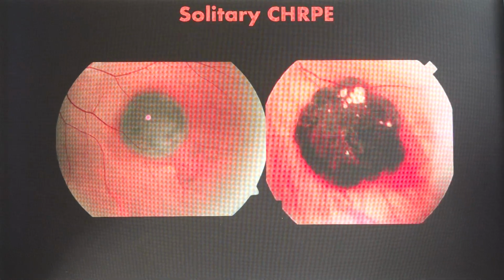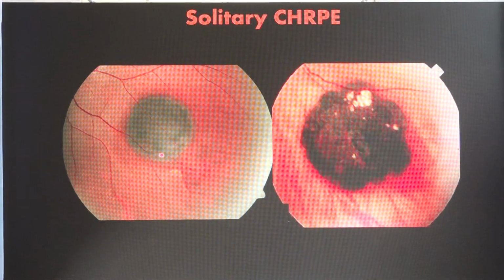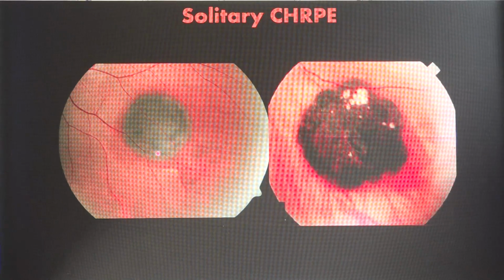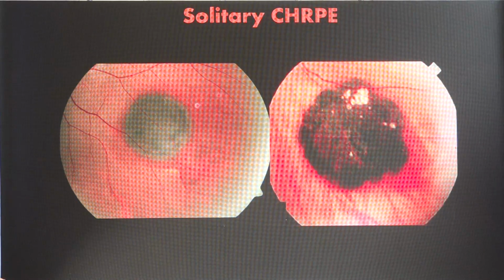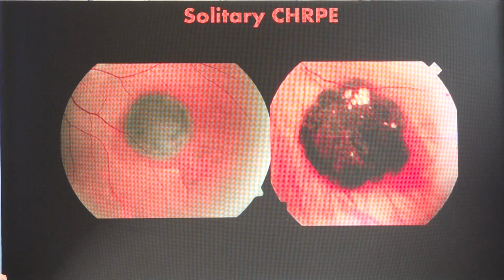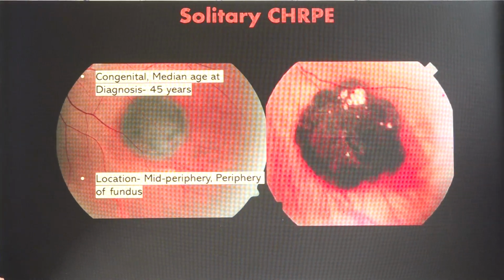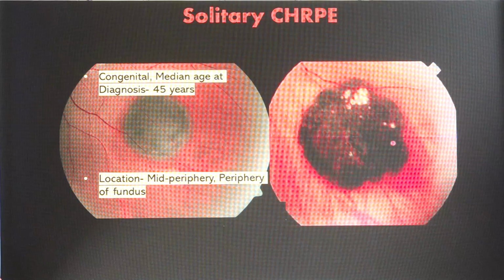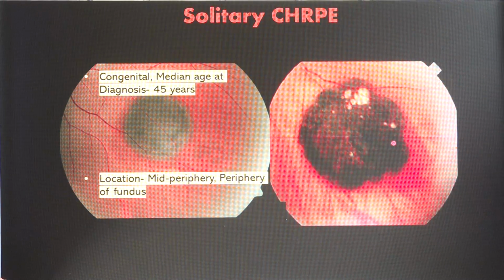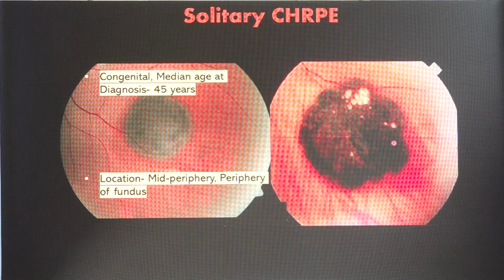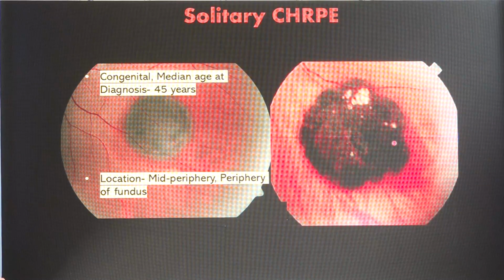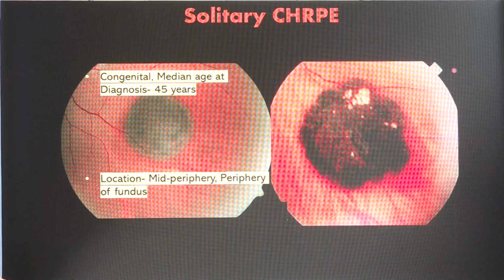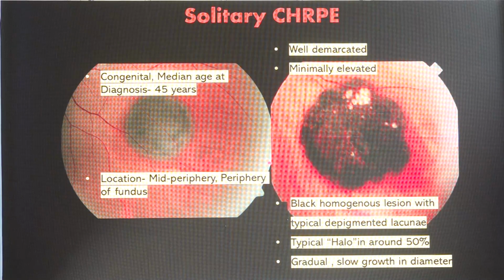Those are the conditions you have to differentiate this from. What puts this apart is these lesions are found mostly in the mid-periphery to periphery. And if you go on doing further investigations, you will definitely be able to differentiate it from nevus or melanoma. These are congenital. Though they are congenital, the median age of diagnosis is around 45 years, because these are incidental findings in an asymptomatic patient, present in the mid-periphery or periphery.